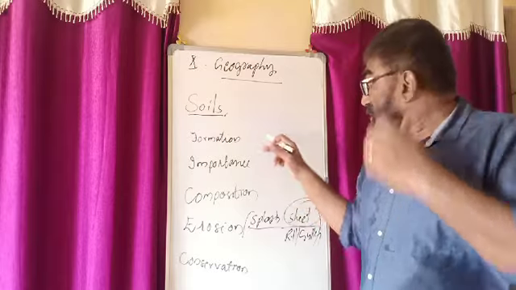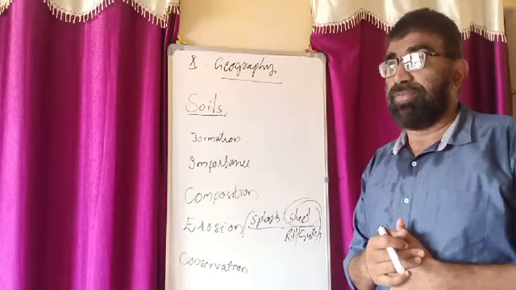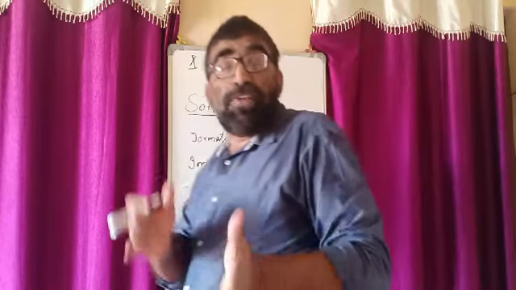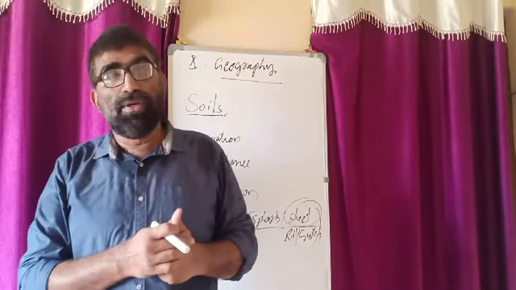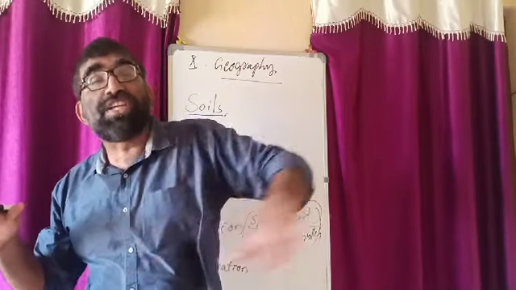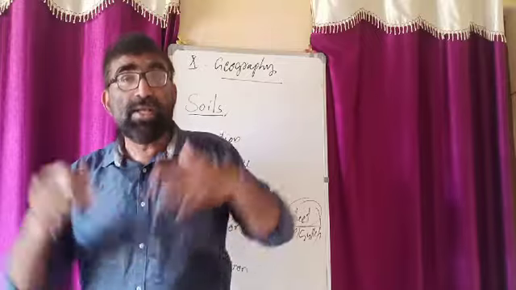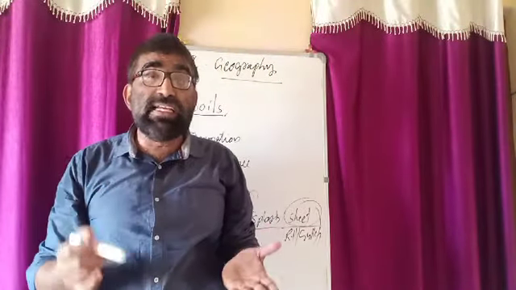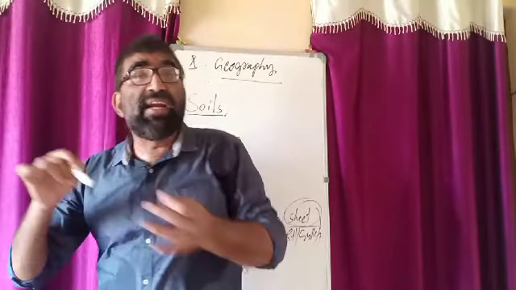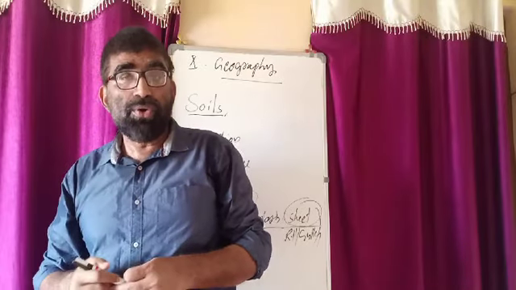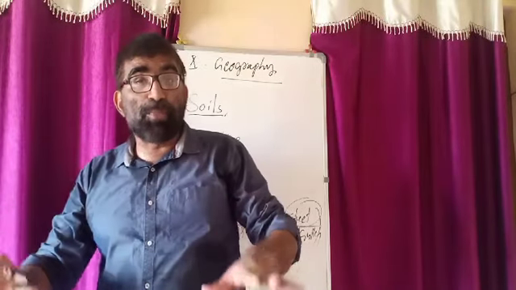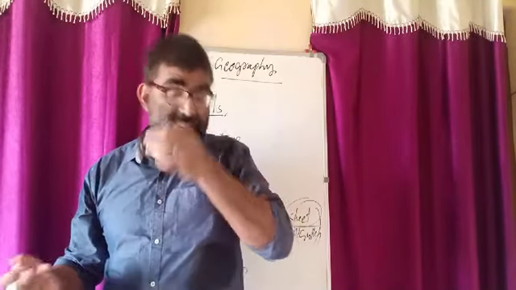Then some areas you see, the Shivalik region. The Shivalik region is affected by erosion. Deforestation is there. Also, this region is subjected to landslide and landslip. This Shivalik area is made up of unconsolidated rocks and sand.